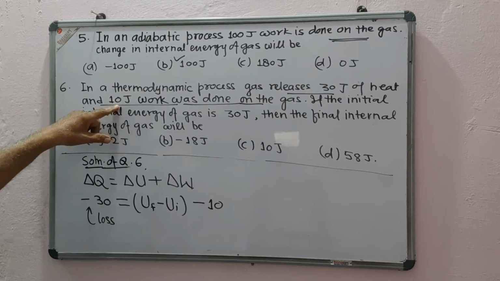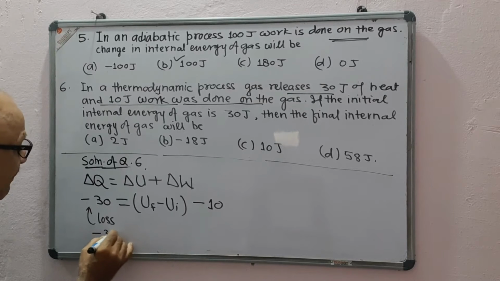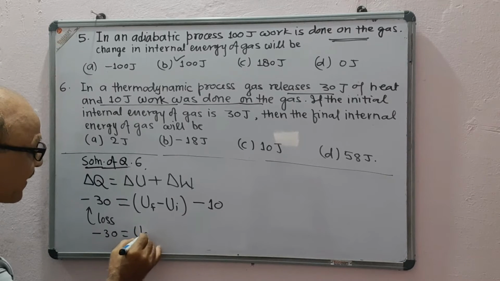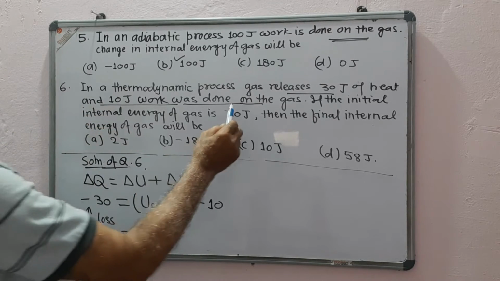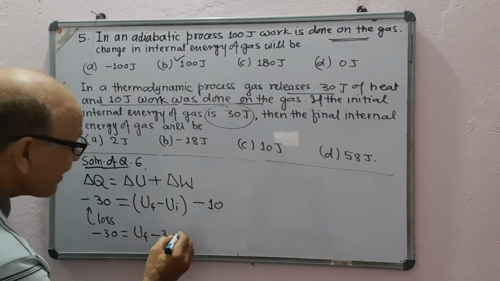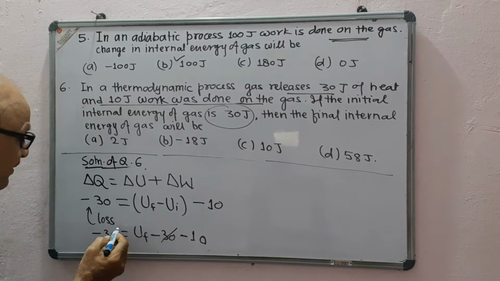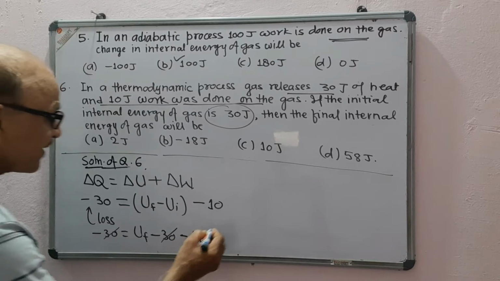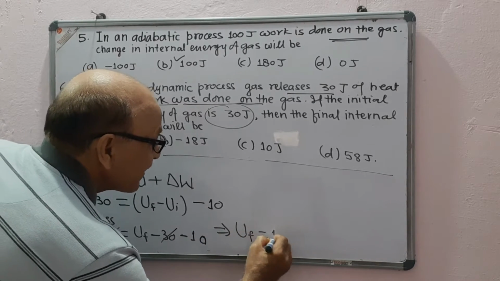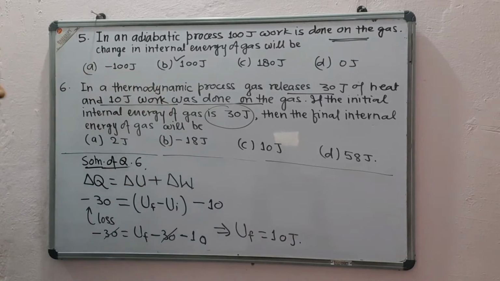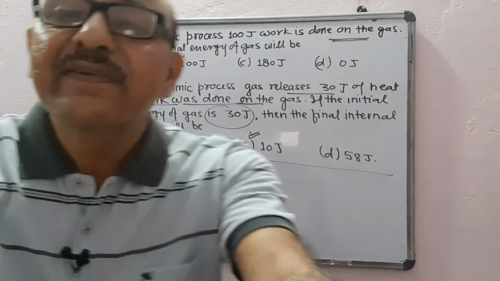Now minus 30 equals U final minus 30, since initial internal energy is 30, minus 10. Minus 30 cancels, and therefore U final will be equal to 10 joule. Therefore the correct answer will be C. Thanks.